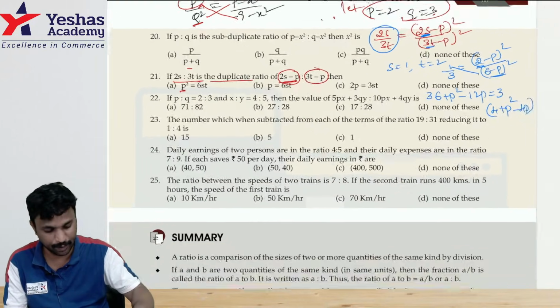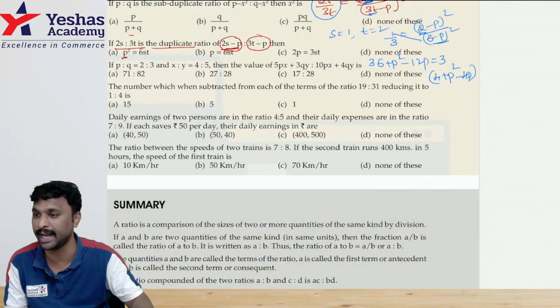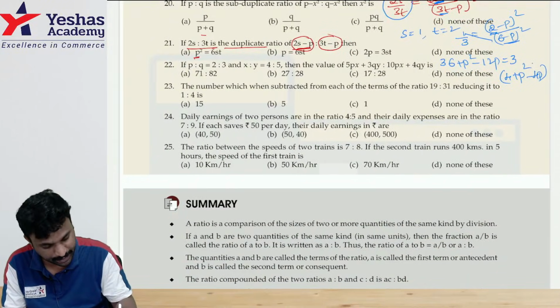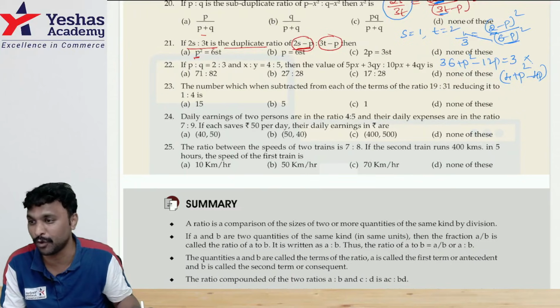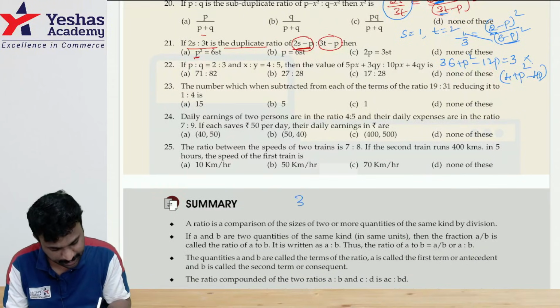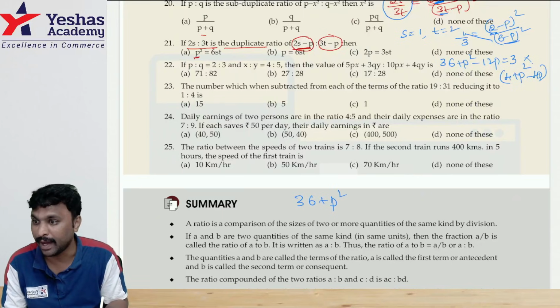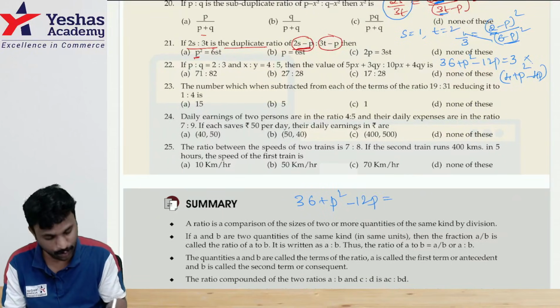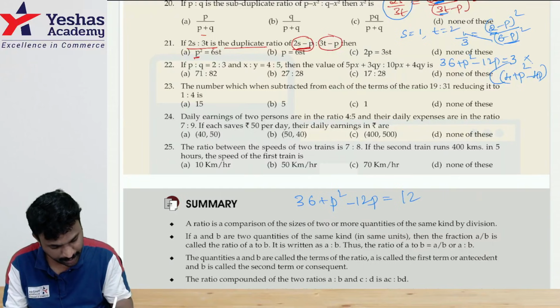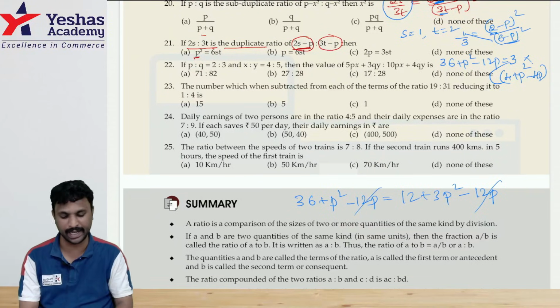Now we remove the brackets on the right hand side, because 3 gets multiplied with 4 plus P square minus 4P. What do you get? 36 plus P square minus 12P equal to 3 into 4 is 12 plus 3 into P square minus 3 into 4P is 12P. Both sides, 12P and 12P get cancelled.